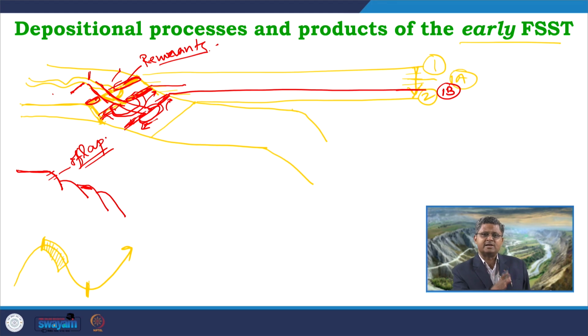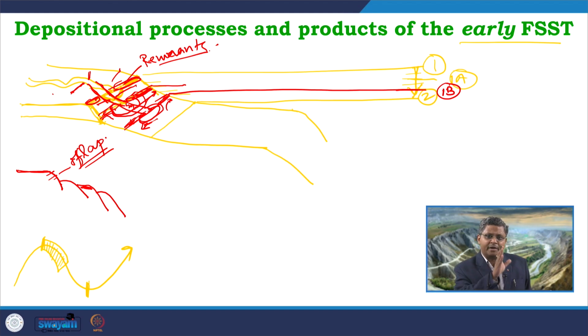And in this way successive offlapping units will form, and the previous one will be preserved as a remnant, as it will be affected by this down-cutting river system. Maybe some tributaries will form over here, and they will also successively erode and rework the sediments, and finally we get some remnants remaining over there, which are the remnants of the earlier delta or shore deposits.